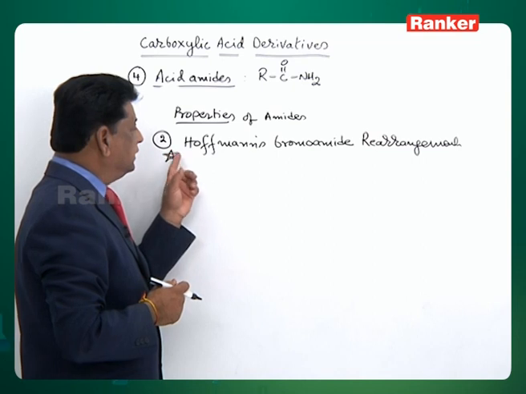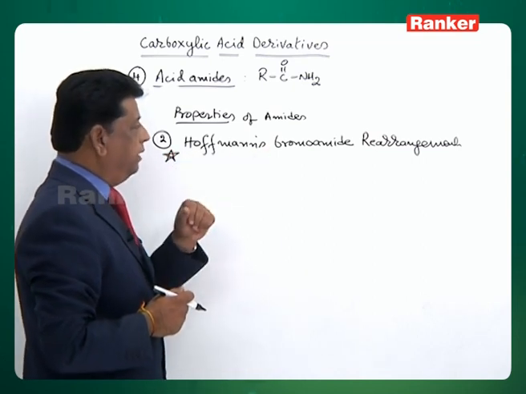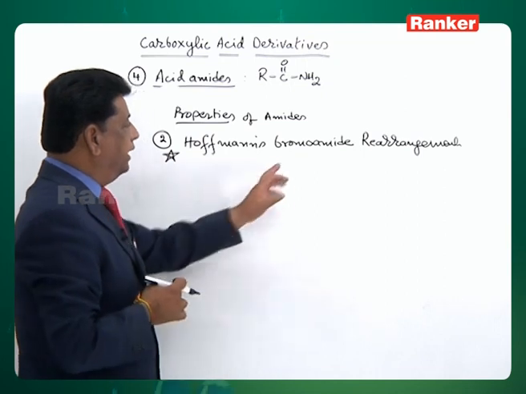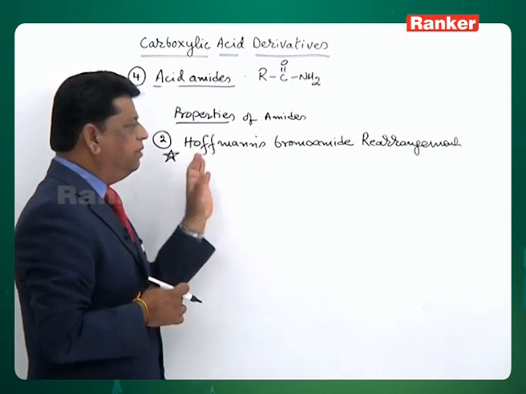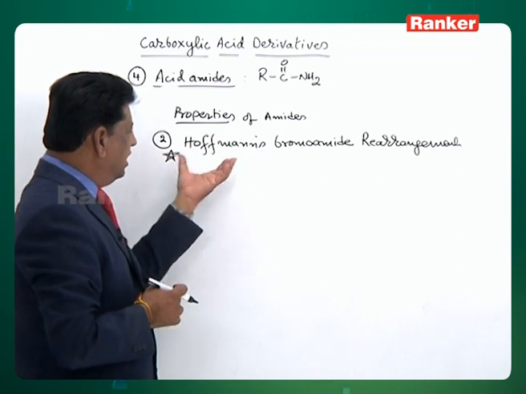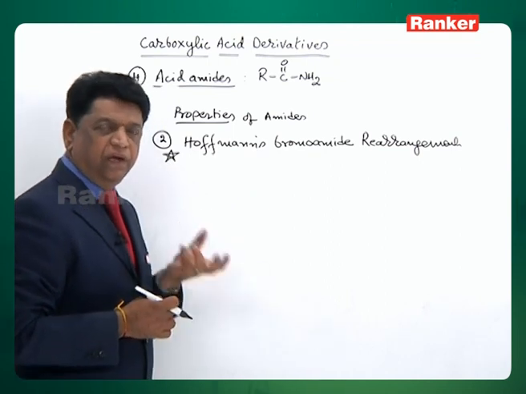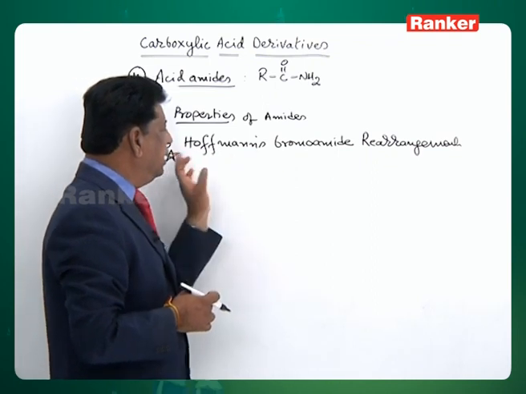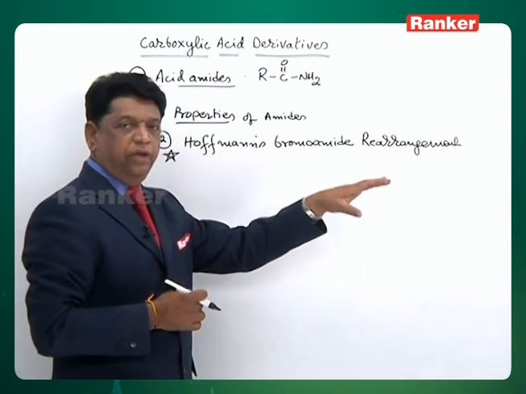This reaction is called Hoffman's bromoamide, meaning amide with bromine, that is, a brominated amide. Sometimes it is called Hoffman's rearrangement or Hoffman's reaction. Hoffman has got half a dozen contributions, therefore to specify this we call it Hoffman's bromoamide rearrangement.